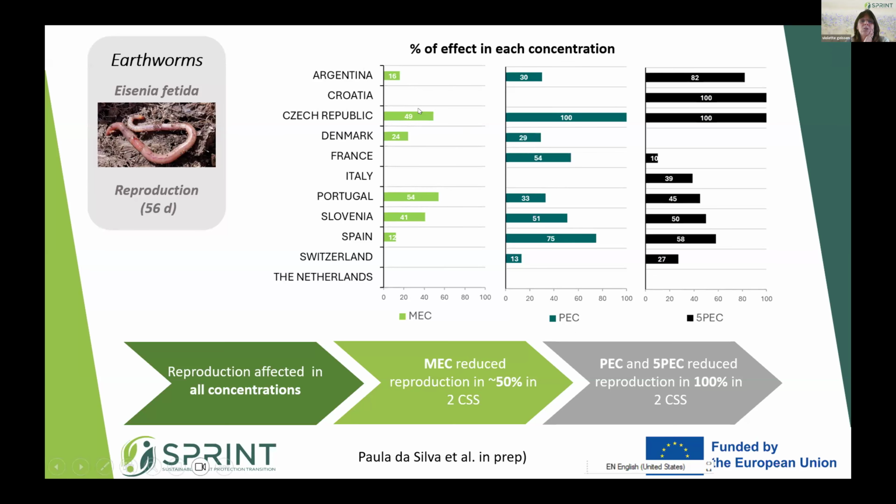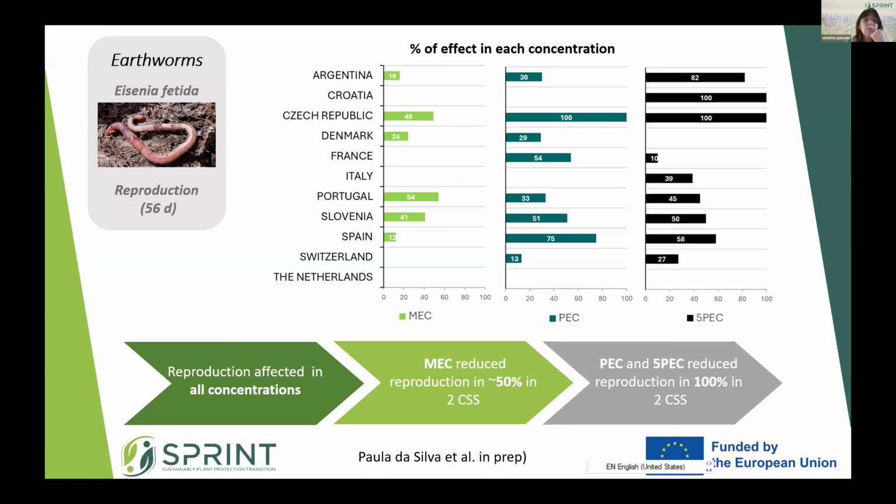We can see here that in Czech Republic and in Portugal, we showed a reproduction decrease of about 50%. With the predicted environmental concentration of the mixture we found in Czech Republic, it was 100%. And with 5 times PEC, we found as well a lot of reduction. This approach can be used for different indicators.